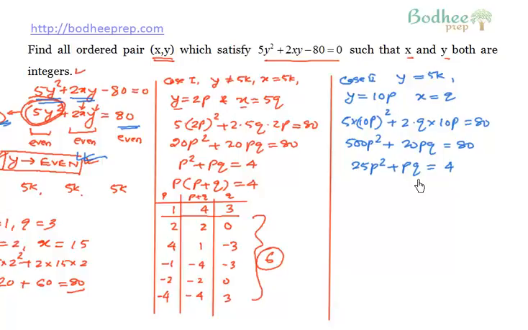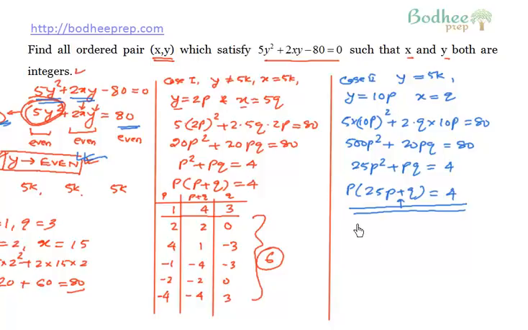Again, I can take p as common, so it will be p(25p plus q) is equal to 4. Again, we can have the same six different values of p and the corresponding six different values of the other factor, which is 25p plus q, and then we can get the values of x and y respectively. So the solutions for this also will be 6.